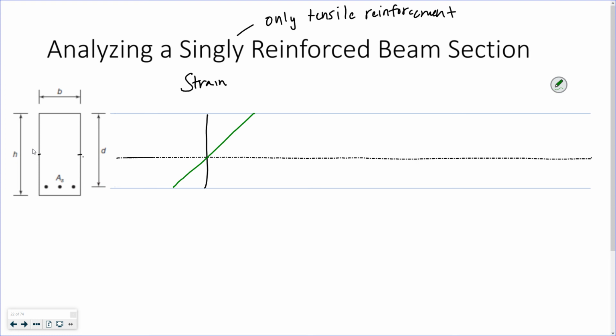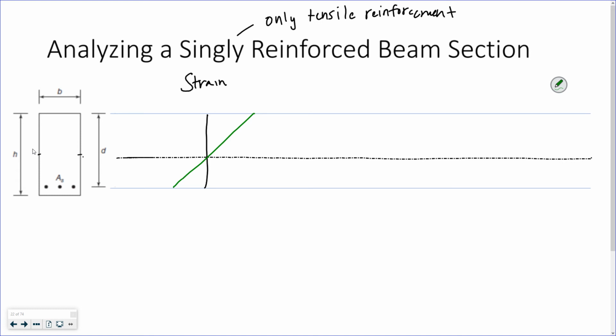Now you notice my bottom line is not to the bottom of the section. I'm just looking from the top of the section, the most extreme compression fibers, down to the centroid of the tensile reinforcement.